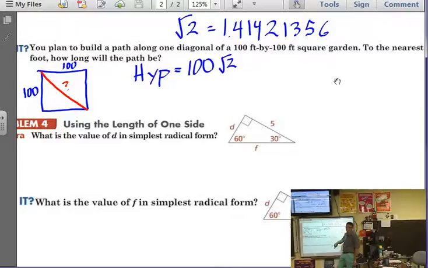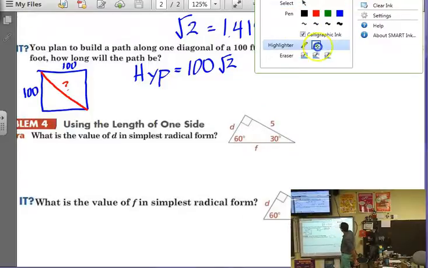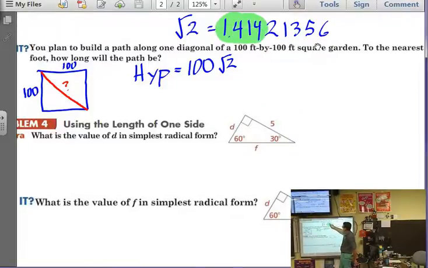Now, if I replace radical 2 with something at least to the hundredths place, because I need to round to the integer, I am going to go ahead and do it to the thousandths place just to have the extra value there. We get 1.414, so when we multiply by 100, multiplication by 100 just moves my decimal 2 places, giving 141.4.